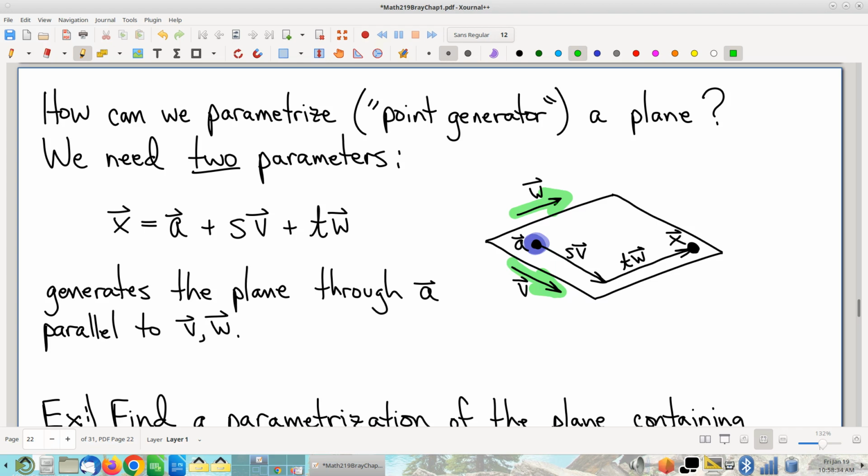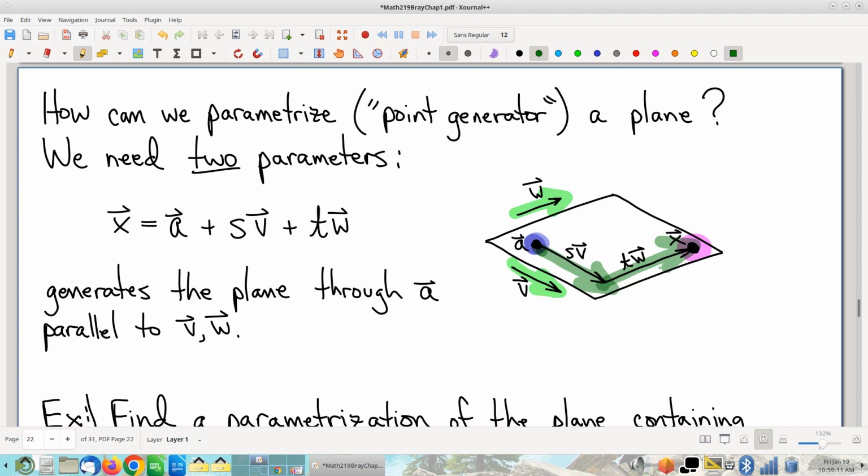And with that, I claim that I have all the tools that I need to generate any point in this plane, because V gives me the ability to go in the V direction by some amount, perhaps longer, perhaps shorter, perhaps backwards. S would be negative if I went backwards there. That allows me to go as far as I want in this direction that the plane points, and then multiples of W allow me to go as far as I might want to go in the other direction.